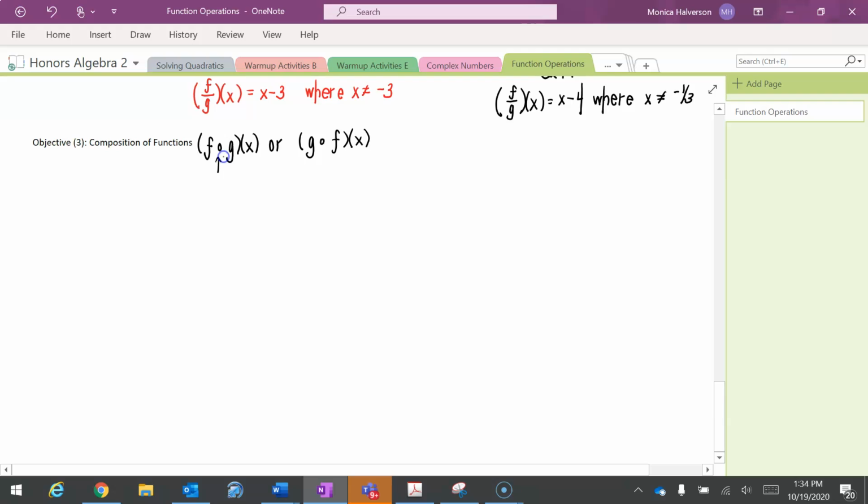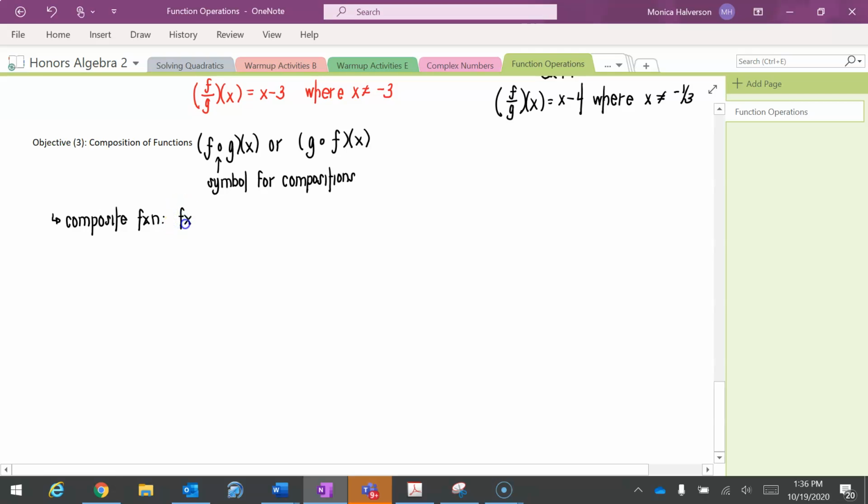This open circle is the symbol for compositions. All right, so what is that? Well, we are forming a composite function.